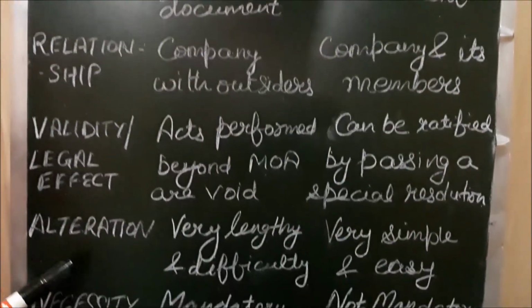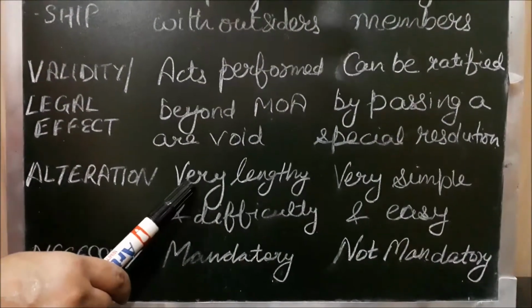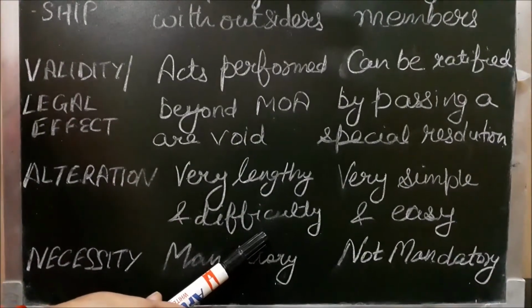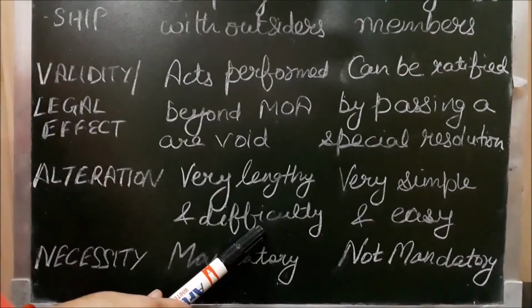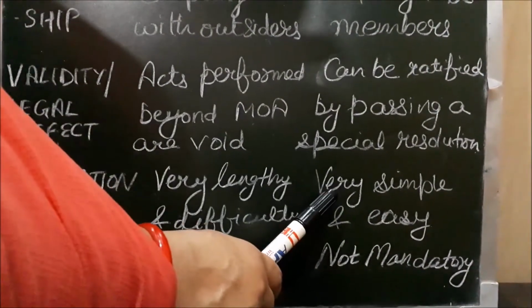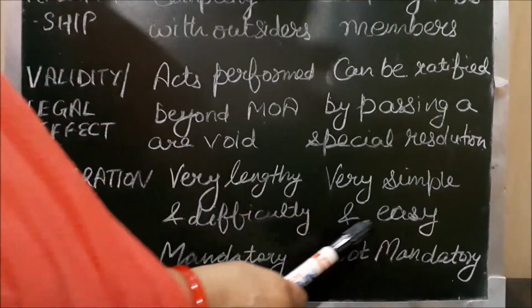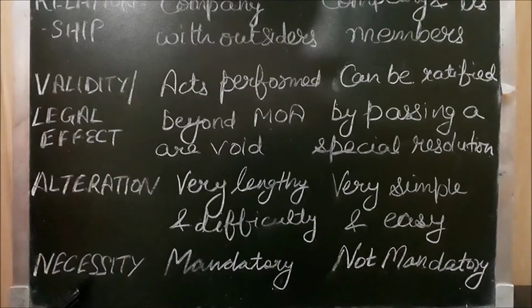Next is alteration. Changes in the Memorandum of Association is a very lengthy and difficult process. So, doing alteration in MOA is a very difficult task, and alterations in Articles of Association are very simple and easy. Last basis of difference is necessity.